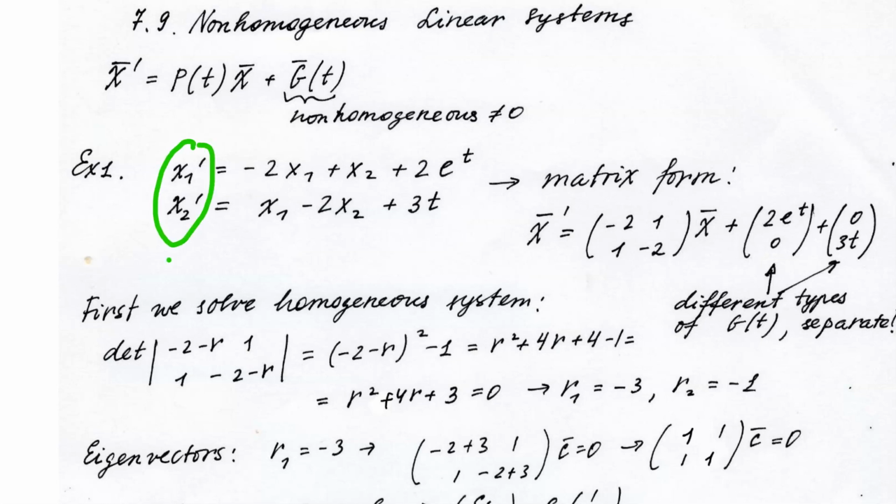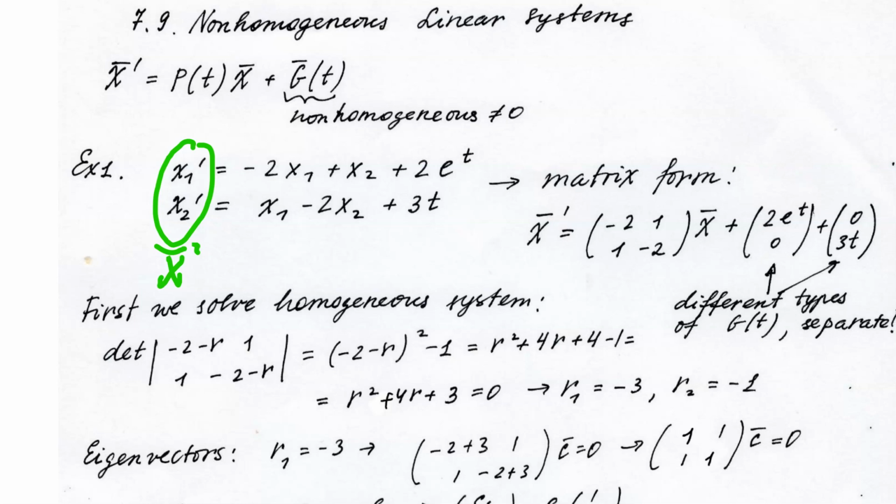So this one is producing x prime. And this one is going to produce a matrix of coefficients, minus 2, 1, 1, minus 2, multiplied by a vector of solutions, x1, x2, right?